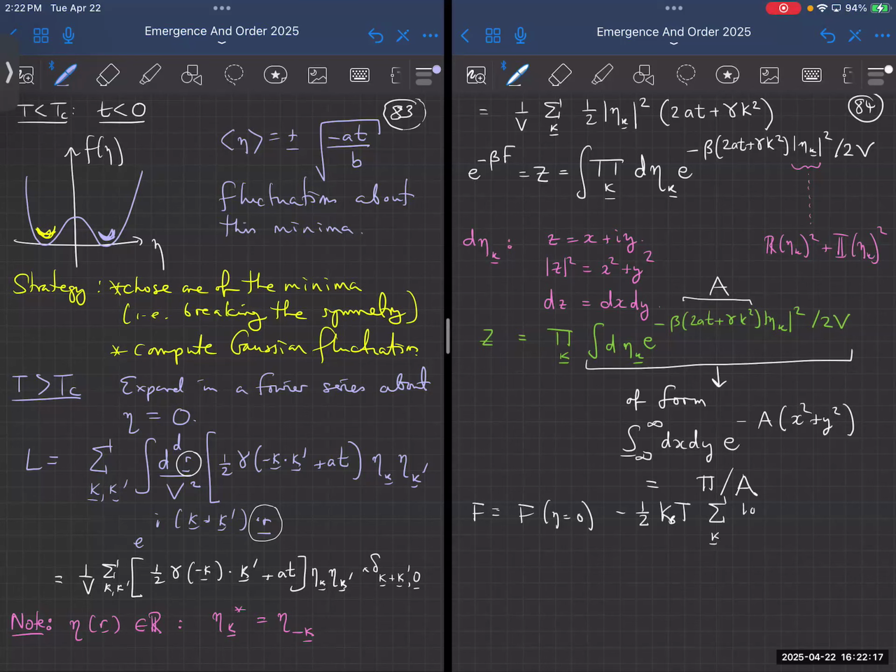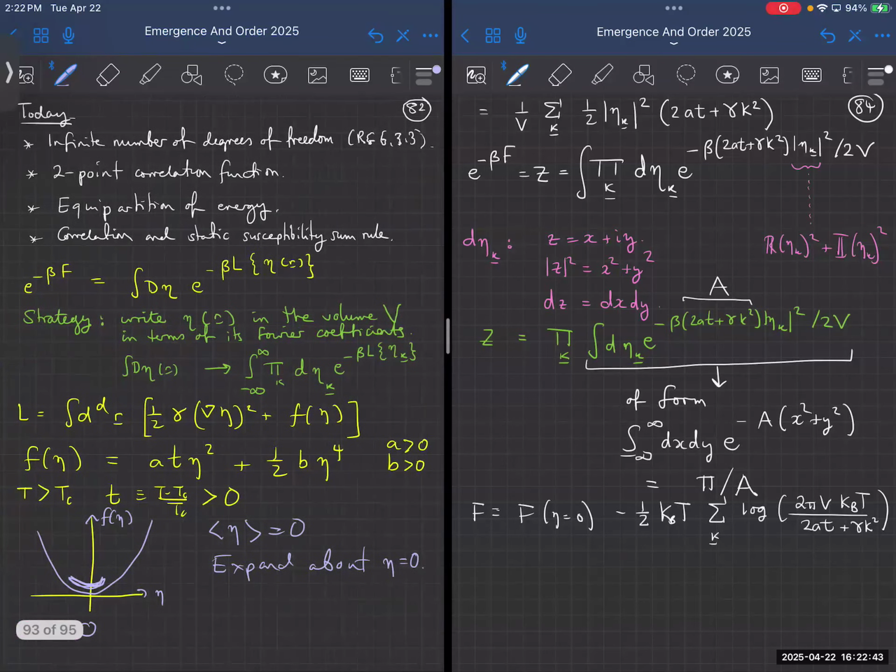And then I've got the logarithm of 2 pi v kBT over 2at plus gamma k squared. So that's just taking that formula and summing over all the k modes, plugging in the result that we obtained last time.